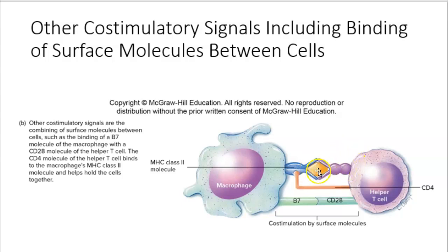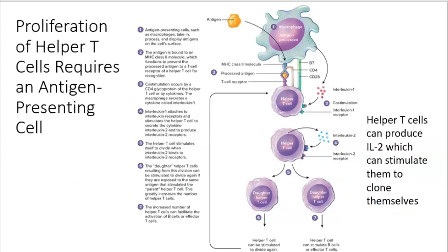We get binding of the antigen, binding of the CD4 molecule to the macrophage's MHC class II molecule, and then binding of cell proteins. Not to mention, we had the cytokines being released from the macrophage and binding to the helper T cell. So lots of co-stimulation necessary. And again, this is to ensure that, yes, these cells are truly binding and recognizing foreign antigens. Okay.